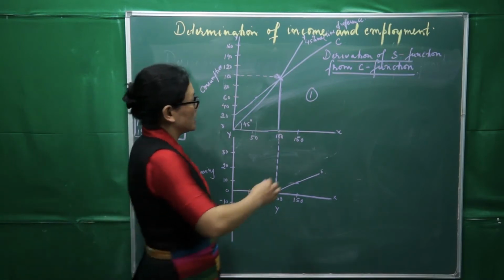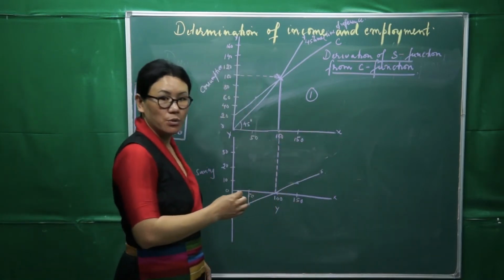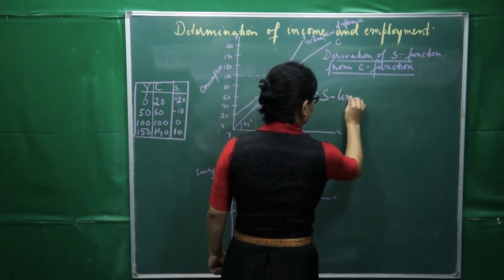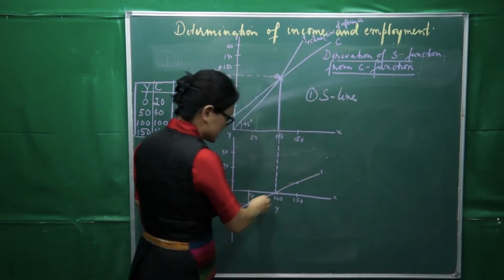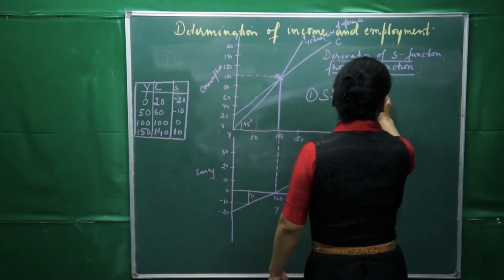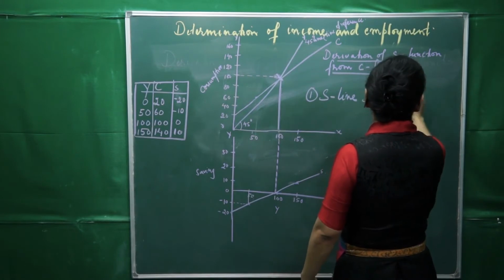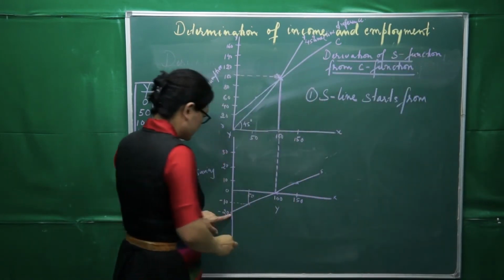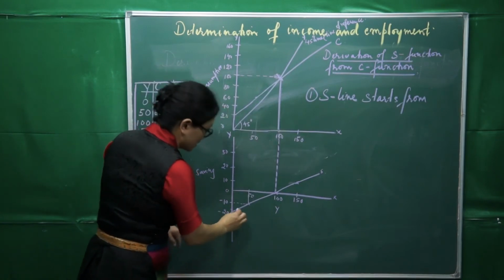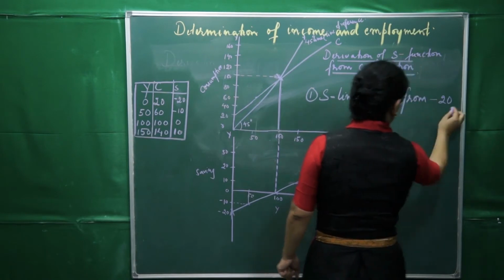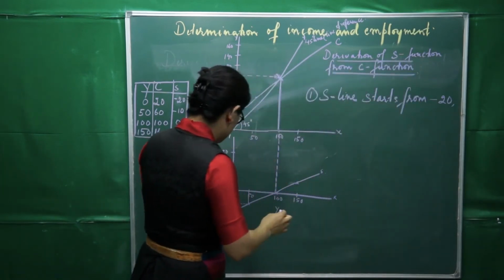All right. The first observation here is the saving line. This is the saving line. Where does it start? Again, it starts from this one, minus 20, when income is 0.